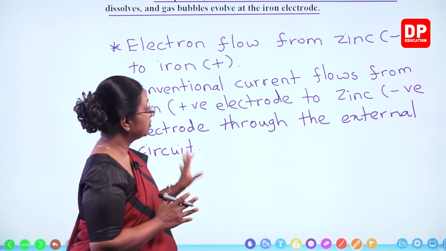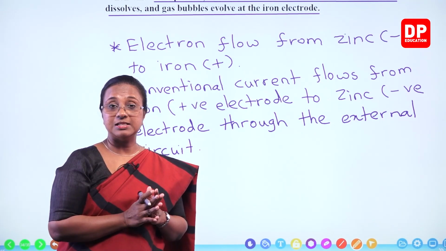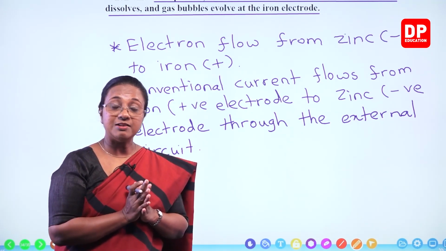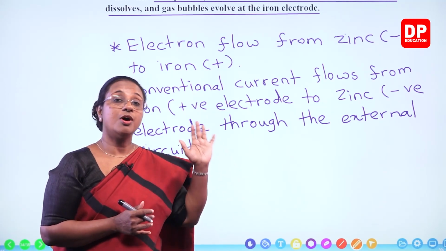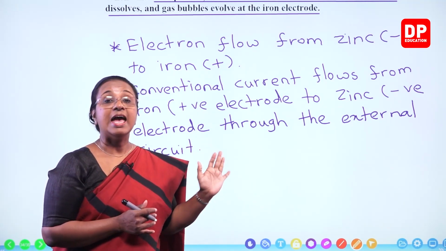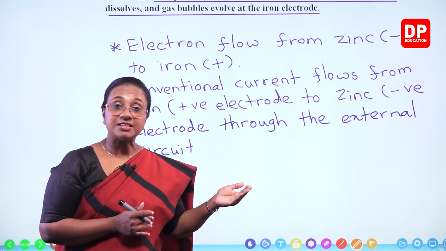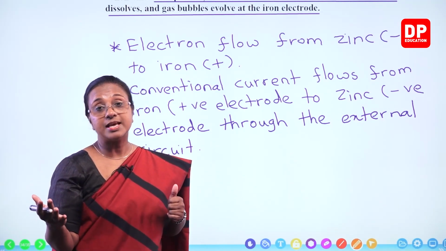And always, when we draw the electrochemical cells, you would have noticed that we always draw the anode or the negative electrode on the left-hand side. And that is the more reactive metal compared to the second metal.